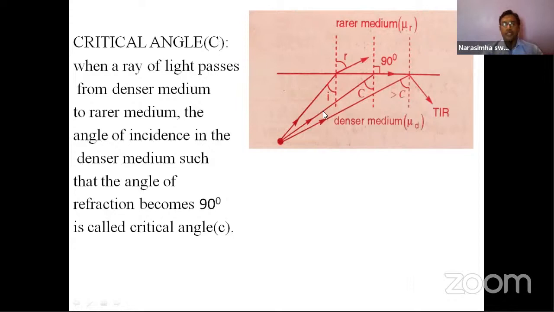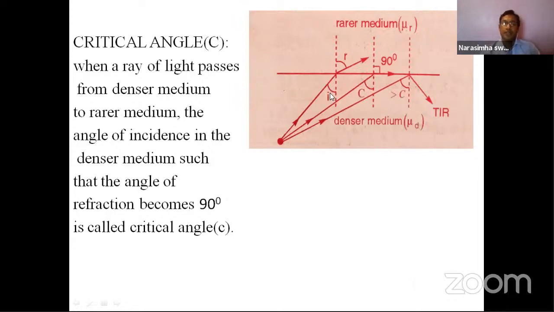Now see the next ray, passing through the denser medium and incident over here. Look at this: the refracted ray is passing along the interface. The interface is the line that separates the two media. Then that angle of incidence is called C, the critical angle.